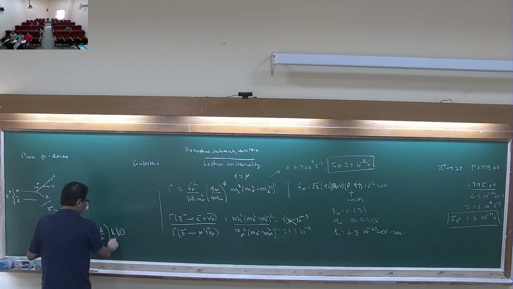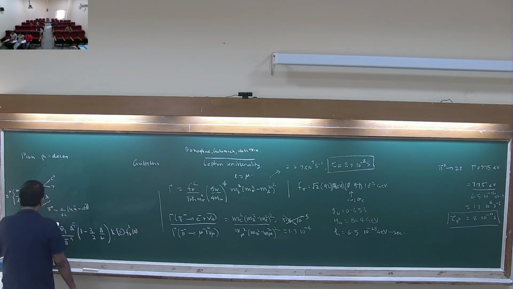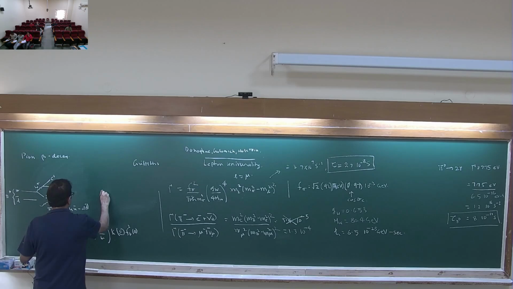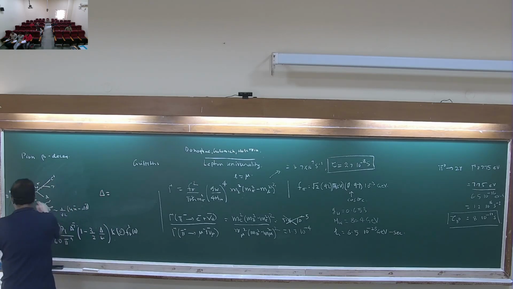This is the phase space integral function times f plus squared at 0, which is the corresponding form factor for here, and delta is the mass difference between the two.